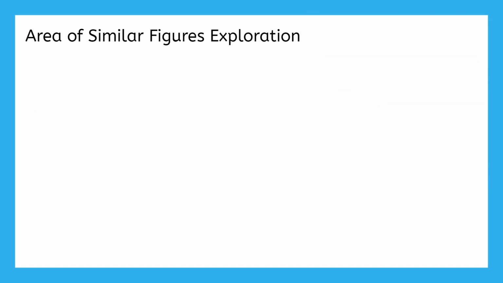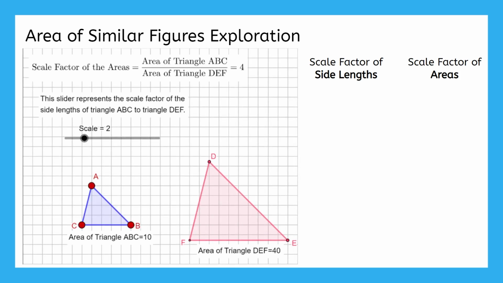I went ahead and completed the same exploration that you did, and since I was trying to figure out the relationship between the scale factor of the side lengths and the scale factor of the areas, I put them together in a chart so that I could see them easier. When I opened the GeoGebra, the scale factor of the side lengths was 2, and the scale factor of the area was 4.